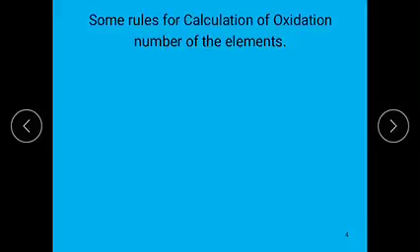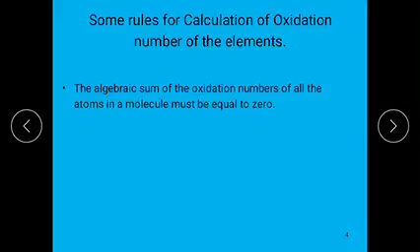Now some rules for the calculation of the oxidation number of elements. The algebraic sum of the oxidation numbers of all the atoms in a molecule must be equal to 0.